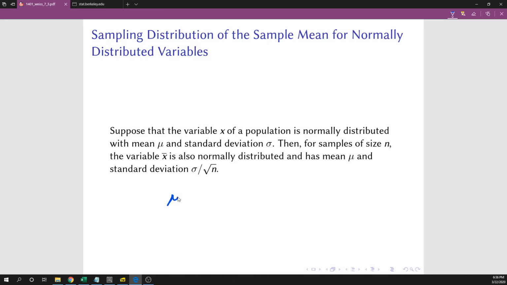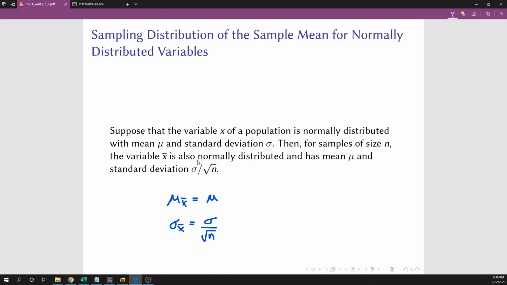And last time we mentioned exactly what its mean was. Its mean is the same as the population mean. And the standard deviation for x bar is sigma divided by square root n. The population standard deviation divided by the square root of the sample size.